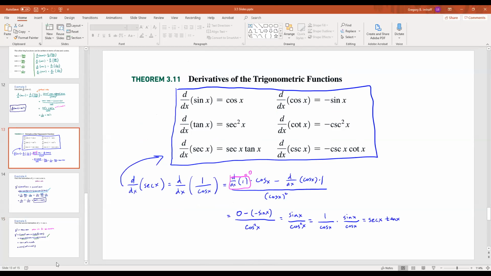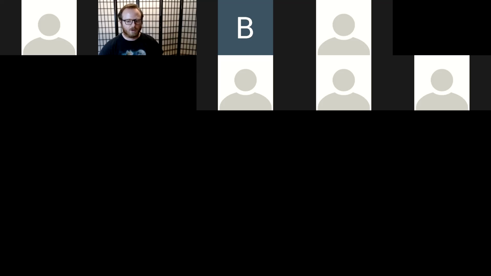Okay, well, in the next section, we're going to do a couple of applications to motion problems. And actually, if we think about when we first started talking about derivatives in this chapter, chapter 3, that was the very first thing that we thought about: this velocity problem.